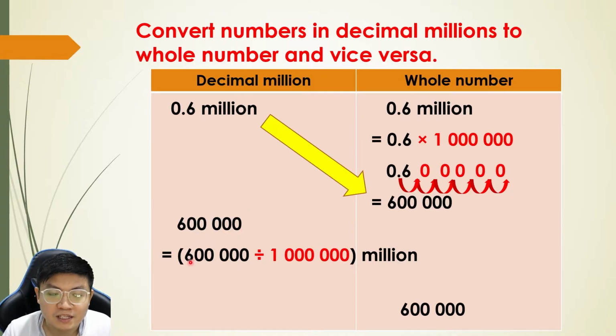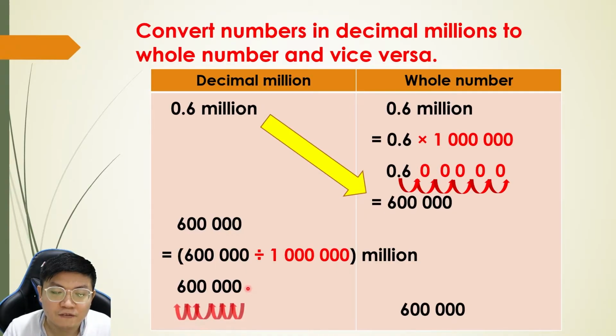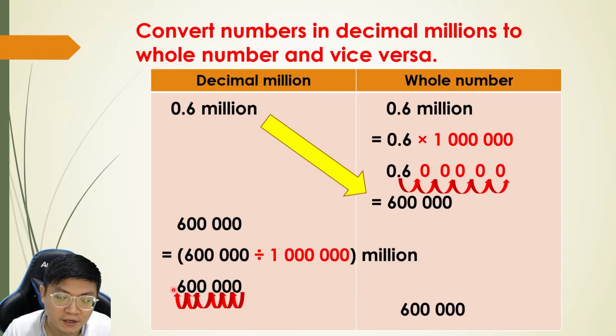So come back to 600,000. When you divide by 1 million, you shift backwards 6 times. Starting from the end here, you shift 6 times. 1, 2, 3, 4, 5, 6. So the point you put here before the 6.